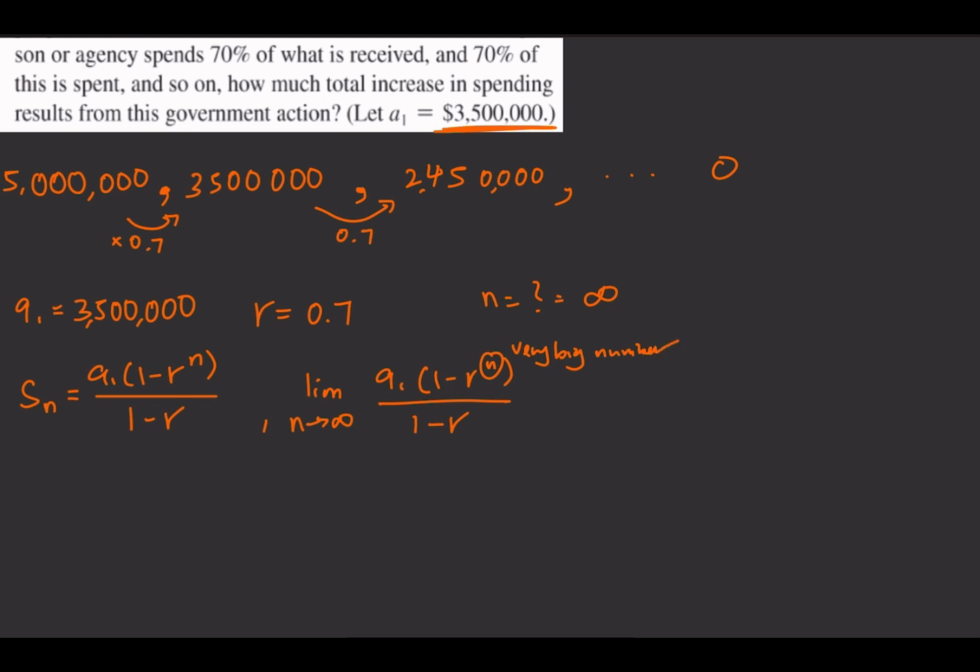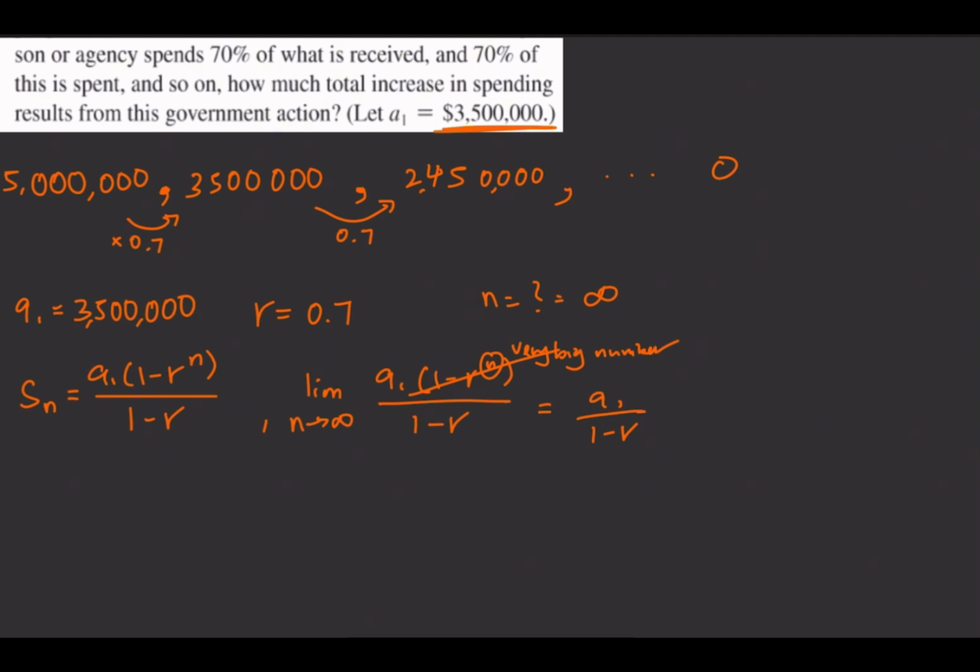And thus 1 minus a very big number, and say your ratio is 5. Okay, very big number, we can cancel out and we will get A1 over 1 minus r.